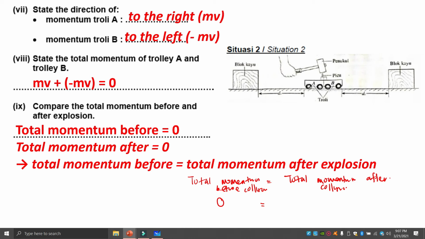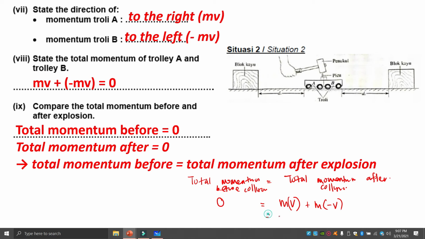So the momentum for trolley A, since it moved to the right, is m multiplied by positive v, mv. But the momentum of trolley B, since it moved to the left, is m multiplied by negative v, so you get negative mv.